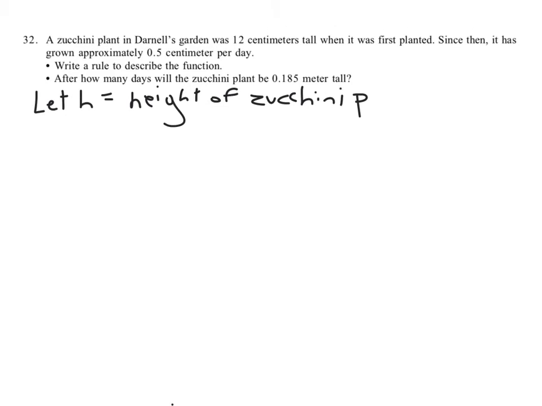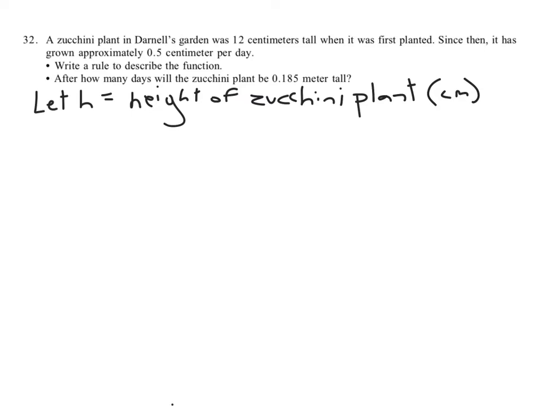Sorry, it's tough to write with this pen sometimes. Zucchini plant, and what's the units? The units is in centimeters. So we have to identify that because we can't just say height. Is it height in feet? Is it height in miles? Whatever. So we say height of the plant in centimeters.